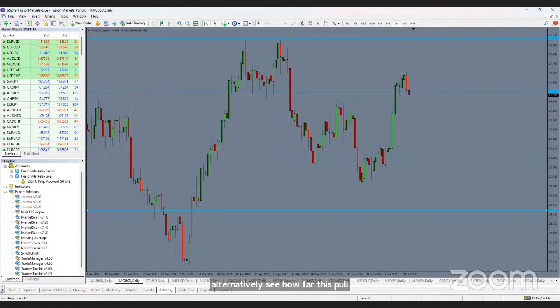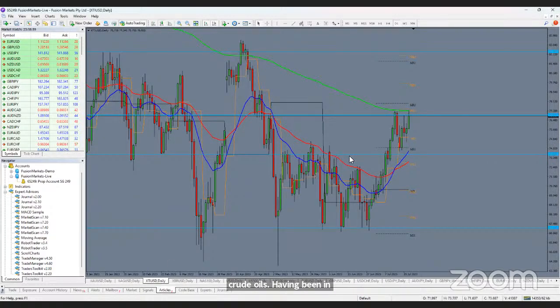Because if the pullback does manage to make it down, maybe as far as around here, and put in a bullish candle, then there might be enough reward to risk to trade it long, even if it then does put in a lower high. So we'll just have to wait on this one as well. I think I'll probably be trading silver a lot less this week as well, after the couple of weeks of uptrend that we've had.